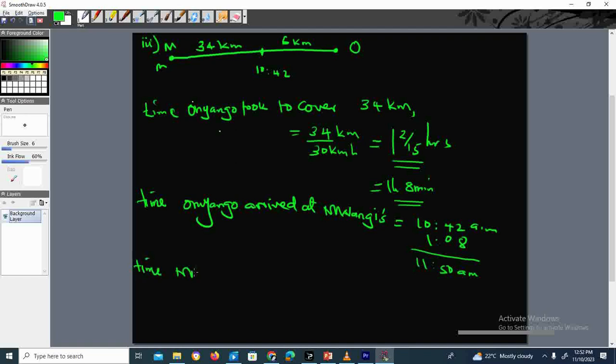The time Mwangi took to get to Onyango's is going to be given by the distance that he had left divided by his speed, which is 20 kilometers per hour, and that is going to be 0.3 hours, which is the same as 18 minutes.